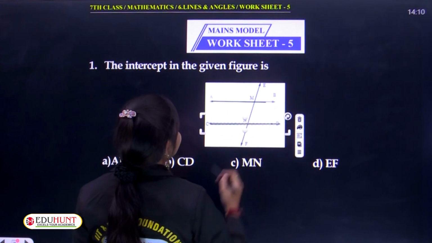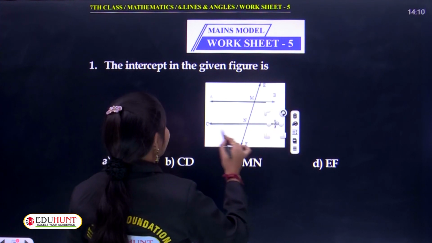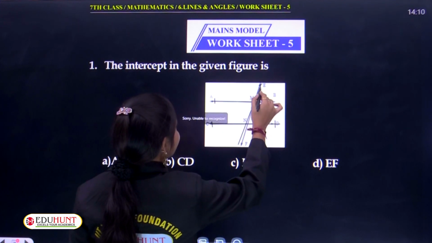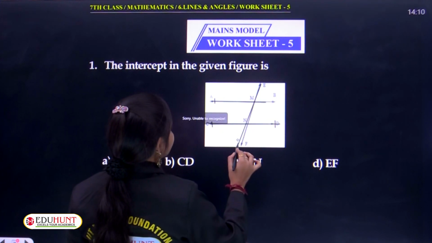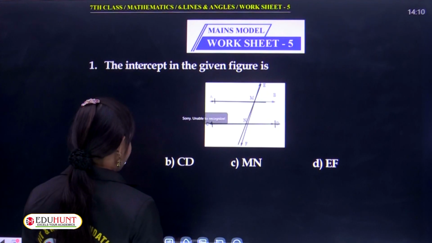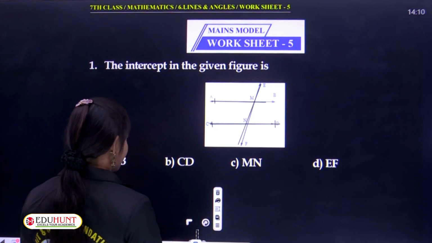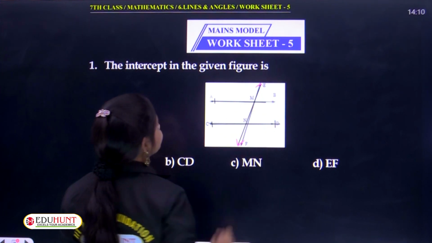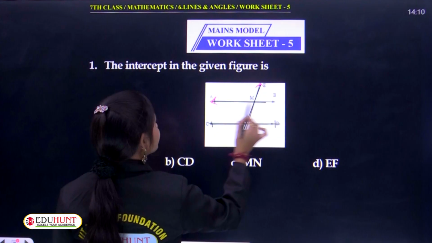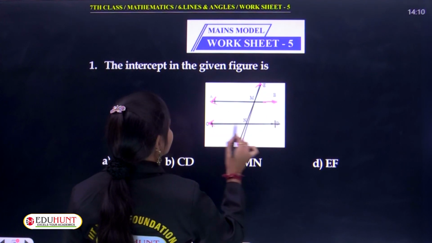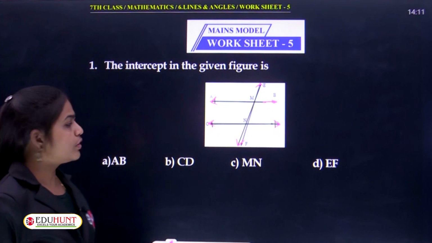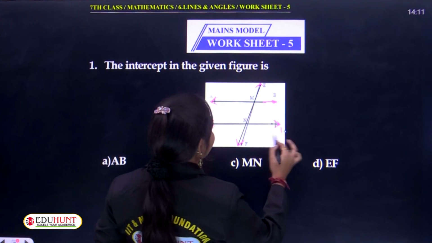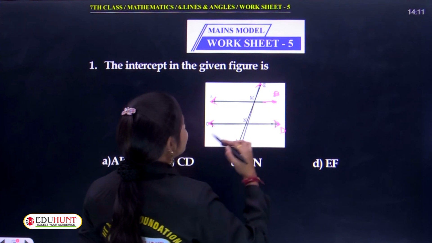AB and here CD. These two lines are parallel lines, and in the same way here, EF. See that AB and CD are the parallel lines, and here EF is the transversal.